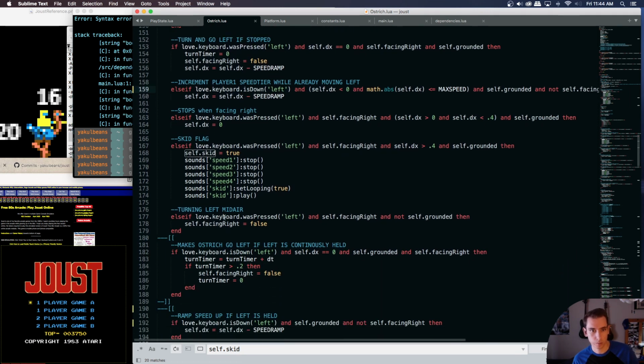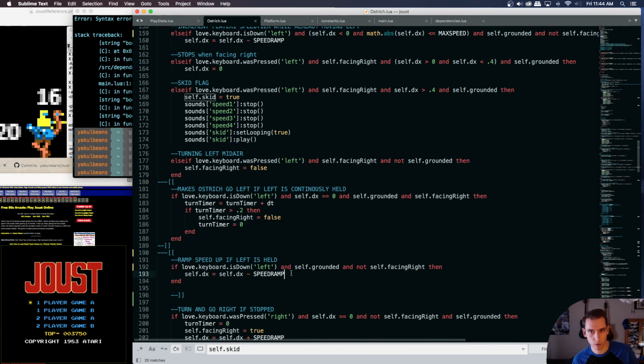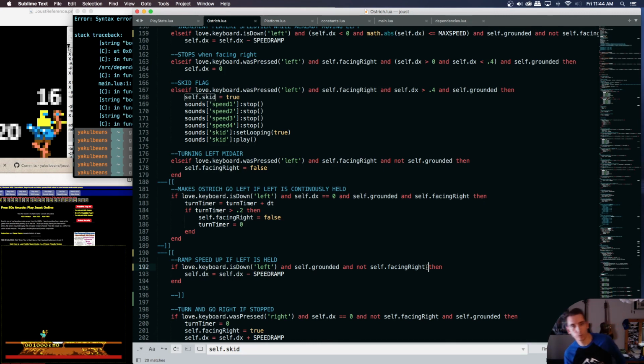The other time we decrement our speed when left is down is when we're grounded and we're facing left, which we need to not decrement our dx if we're skidding again, because we take care of shifting the dx already.